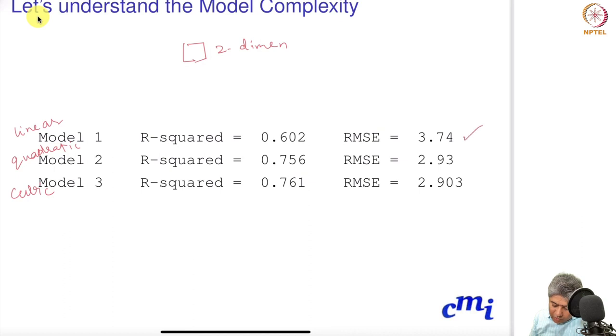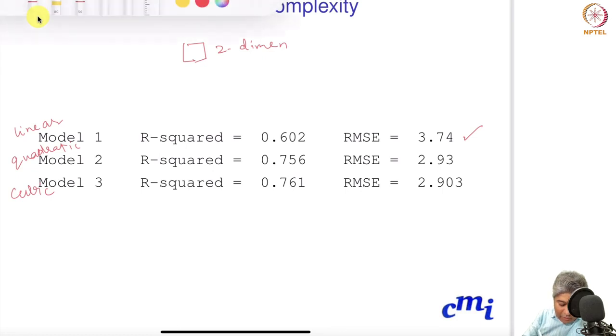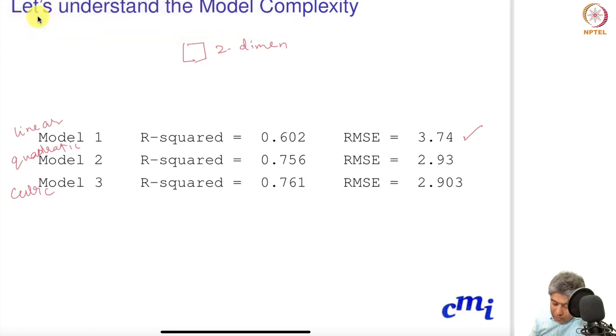Linear was modeled in 2 dimensions, but when we went to quadratic it was put into 3 dimensions, and when we went to cubic it was 4 dimensions. So what does it mean? It means we are increasing the complexity of the model. The model is becoming more complex.